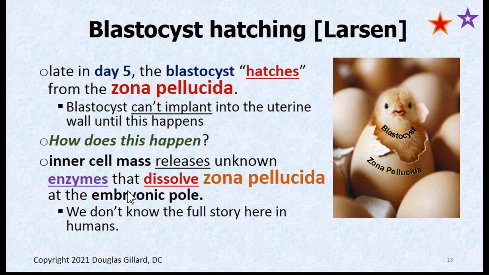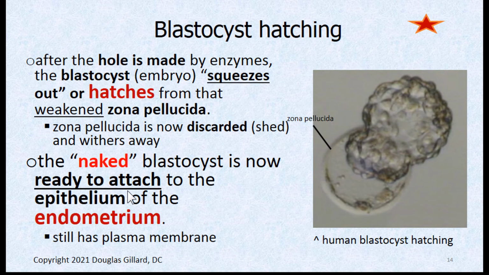But there's a whole bunch of enzymes that are released, and they literally bore a hole toward the North Pole, toward the embryonic pole is where hatching occurs. So that's something you should know. And it kind of rips up the zona pellucida to the point where this can squeeze out through all sorts of weird contractions, and we won't go down that rabbit hole, but it literally hatches out of the zona pellucida.